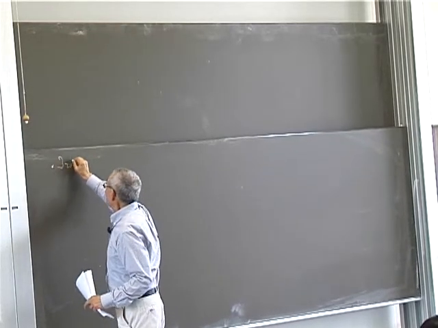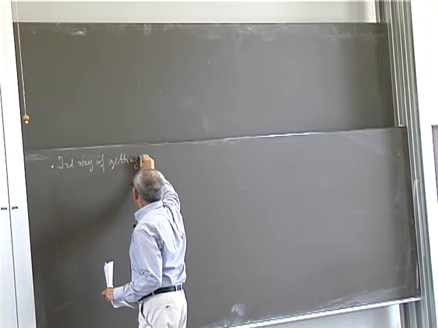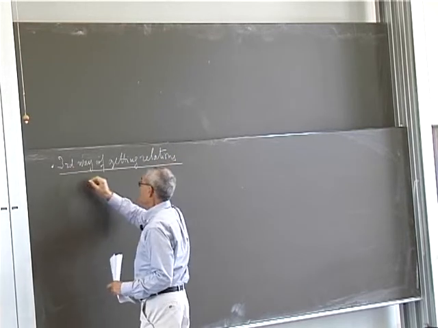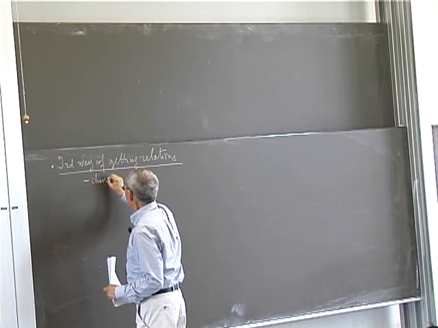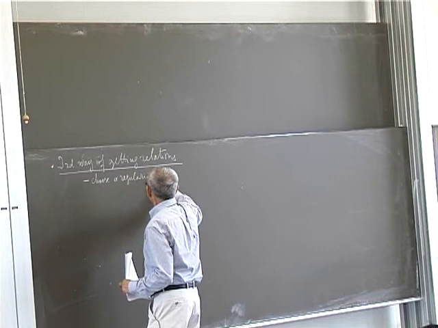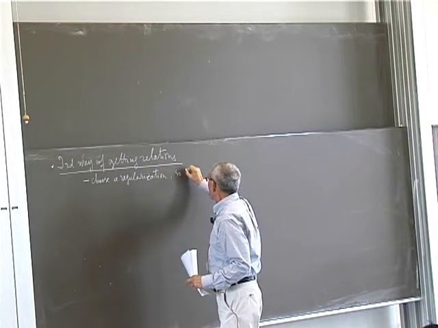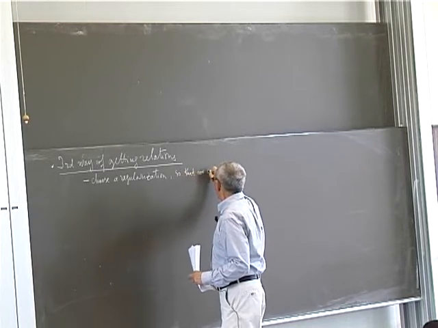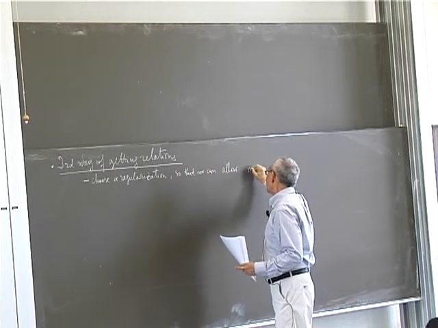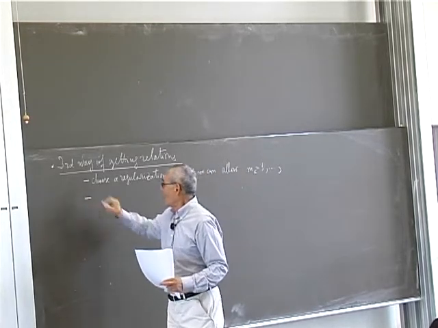So the third way of getting relations. Choose a way to regularize our integral, a regularization procedure, so that we can allow, for example, the case m_k equals 1, and probably something else.